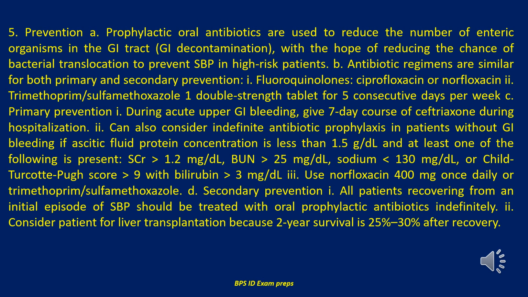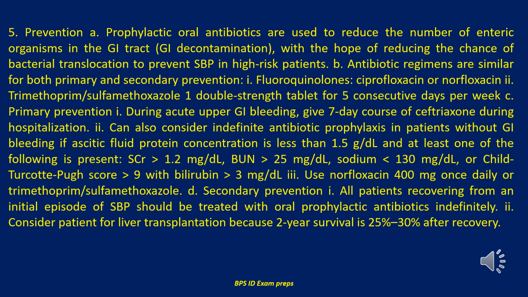2. We can also consider indefinite antibiotic prophylaxis in patients without GI bleeding if ascitic fluid protein concentration is less than 1.5 grams per deciliter and at least one of the following is present.